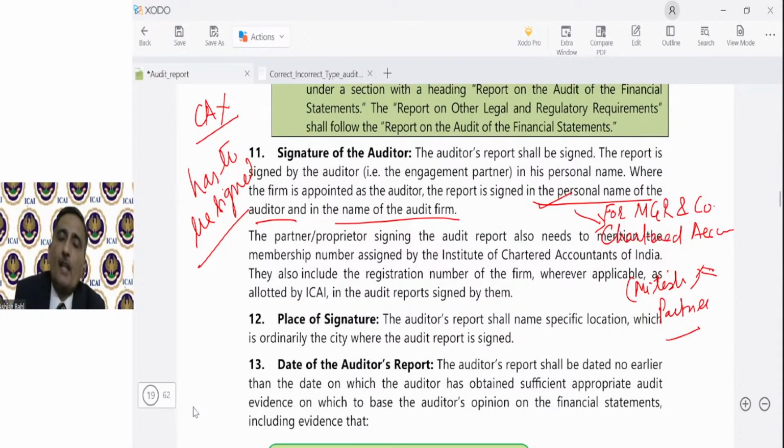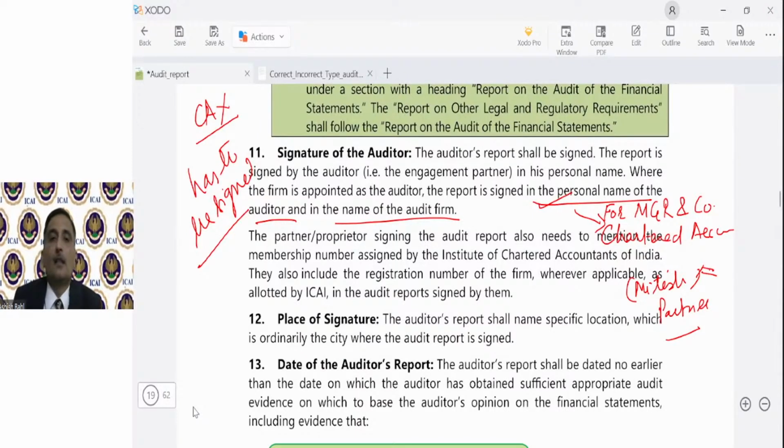The firm of chartered accountants is the auditor, but who is signing on behalf of the firm? It is the partner. So is that clear? So when a firm is appointed as an auditor, the report is signed in the personal name of the partner and in the name of the audit firm.